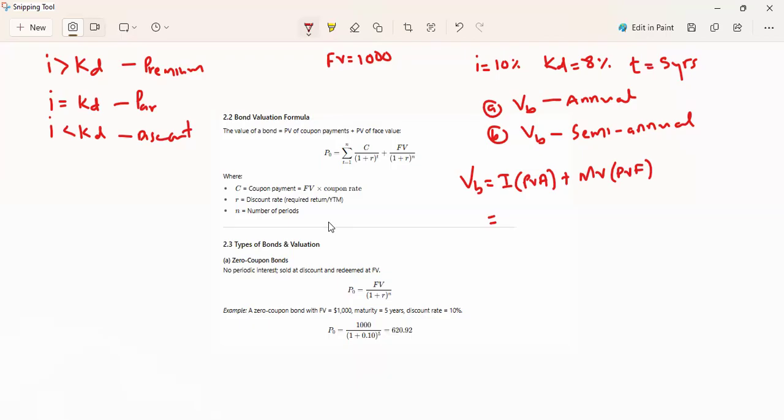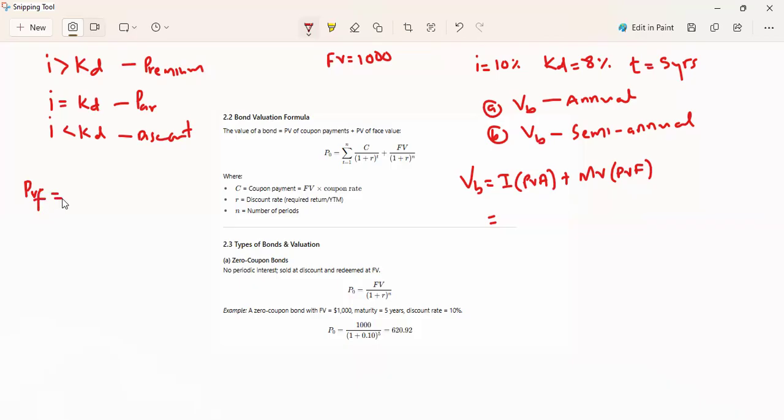How do we find the interest factor? The present value interest factor, PVF. What is it?